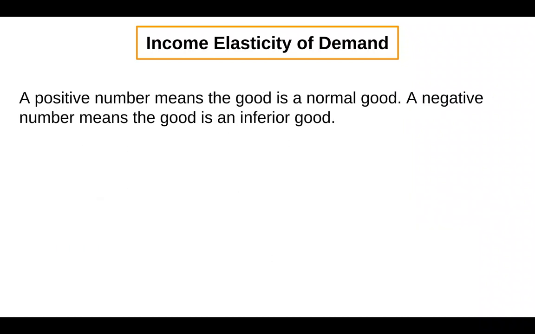So if it's a positive number, that means the good is a normal good. If it's a negative number, that means the good is an inferior good. And the way I remember this is that the word inferior sounds like a negative sounding word, and so negative, inferior, I just associate those two things together in my brain. So if that works for you, great.